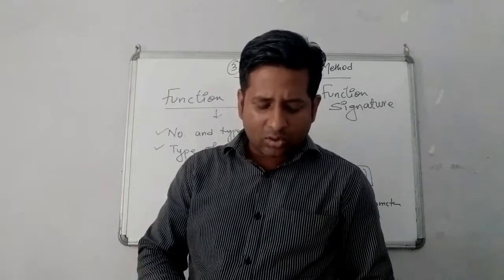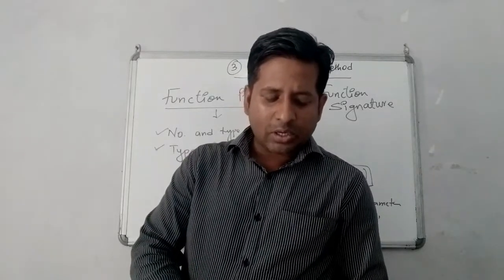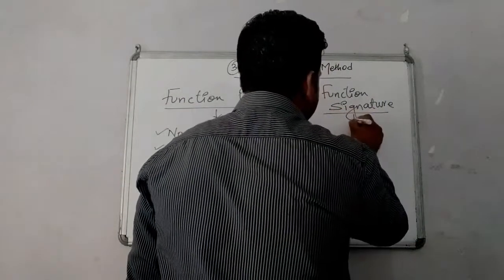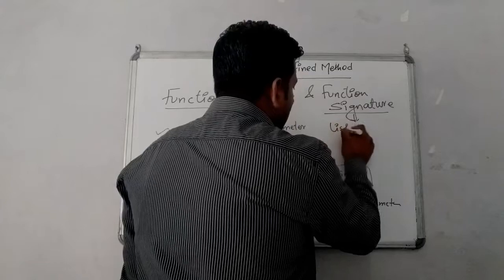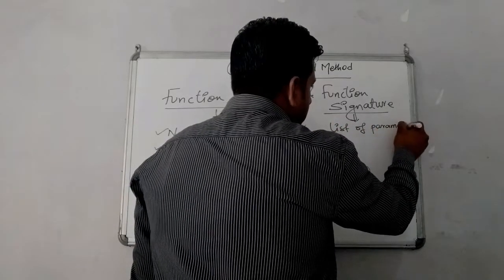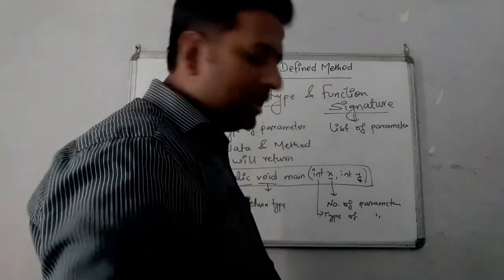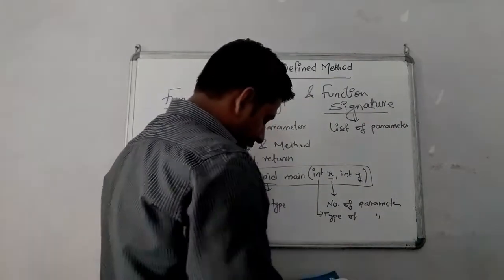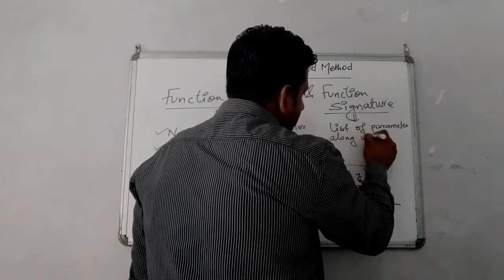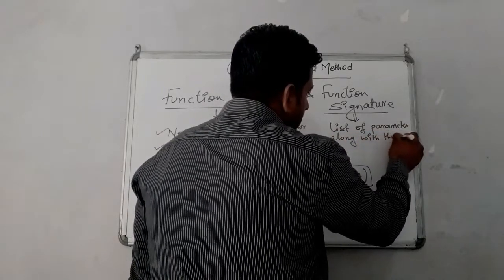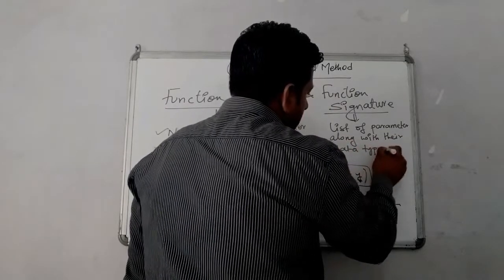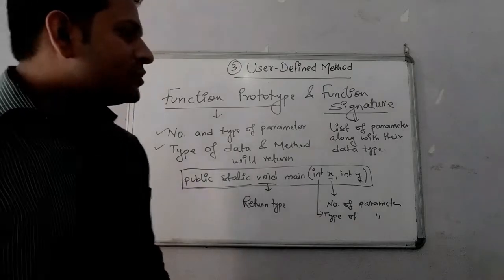That means, children, we can write: list of parameters along with their data types. So what is function signature, children?